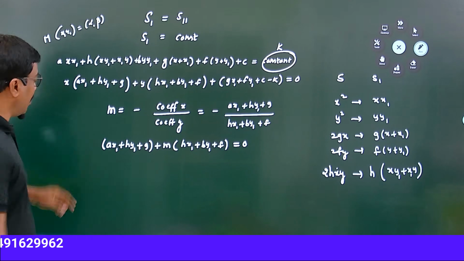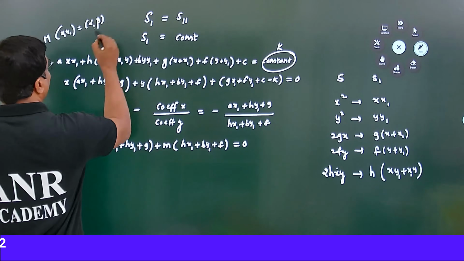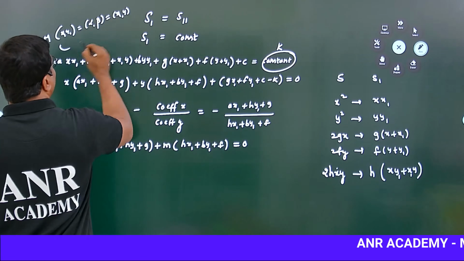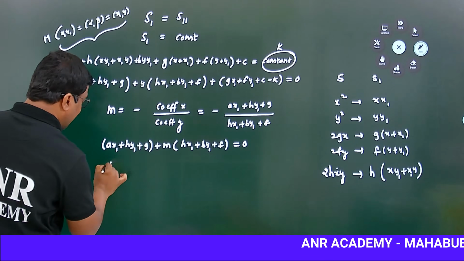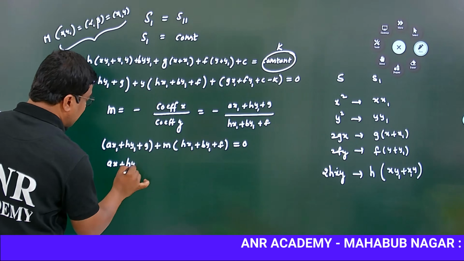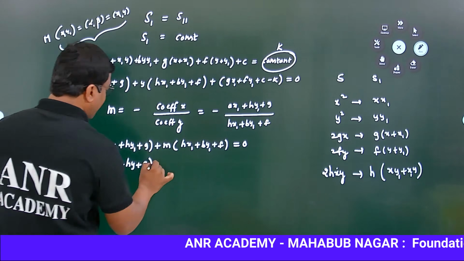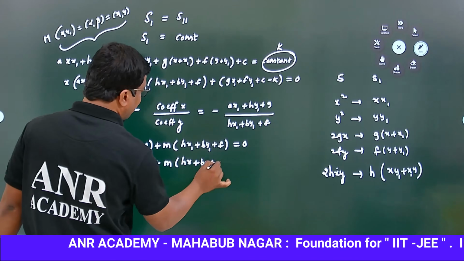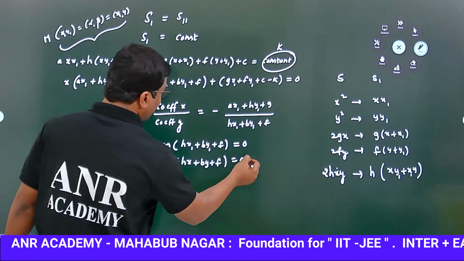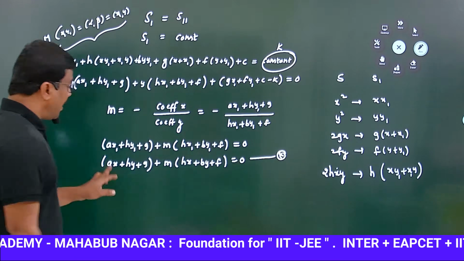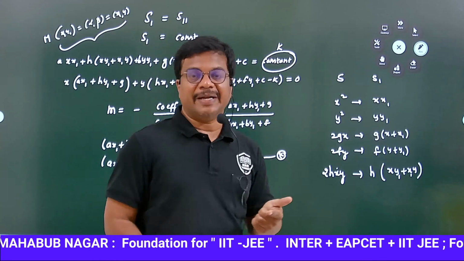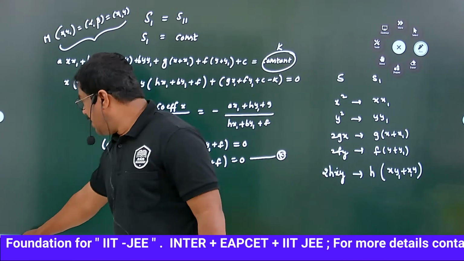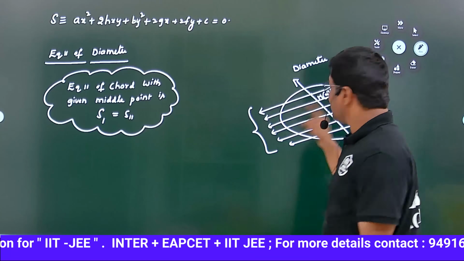This is the relation we got, and here x1 y1 indicates alpha comma beta, and also you can write the locus point as x comma y also, so that I can write ax plus hy plus g plus m of hx plus by plus f equal to 0, right? So now x comma y is nothing but alpha comma beta. Alpha comma beta, that is the middle point of the parallel chords, right?